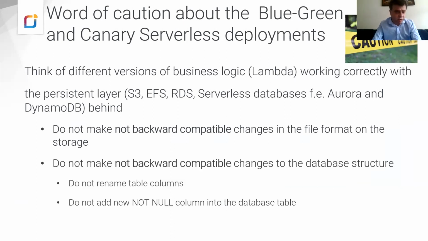The same is true for database structures: don't rename table columns and so on, because you cannot go back very easily, or add non-null columns. There is another book, I think Evolutionary Database Design, which is 15 years old, but they talk about these patterns also working on the database level with these iterations.